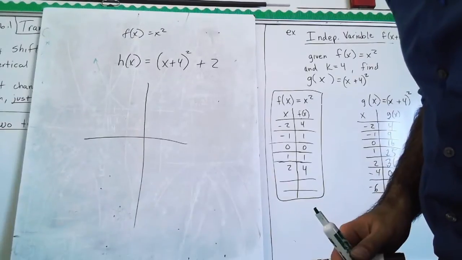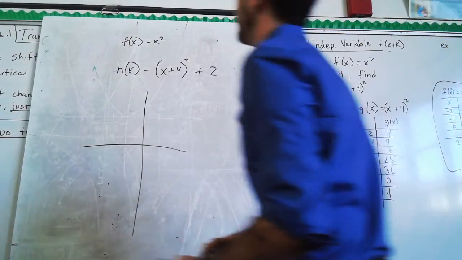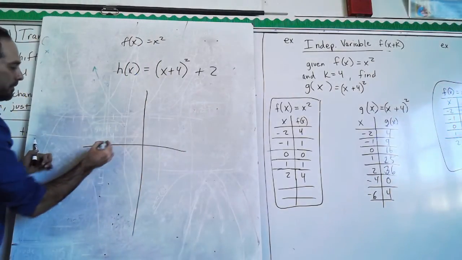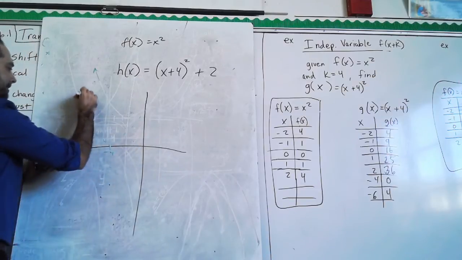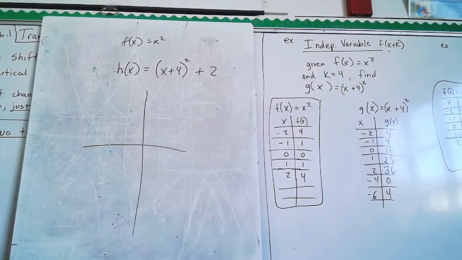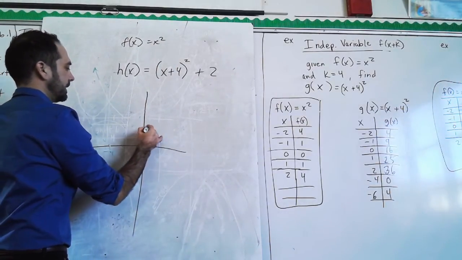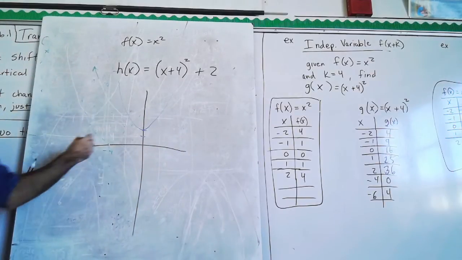All right, so if it was just x plus 4, I know that it would end up being overshifted to -4, and it would look like that. If this was just x squared plus 2, I know that it would be up here at 2, and it would be a graph like so.